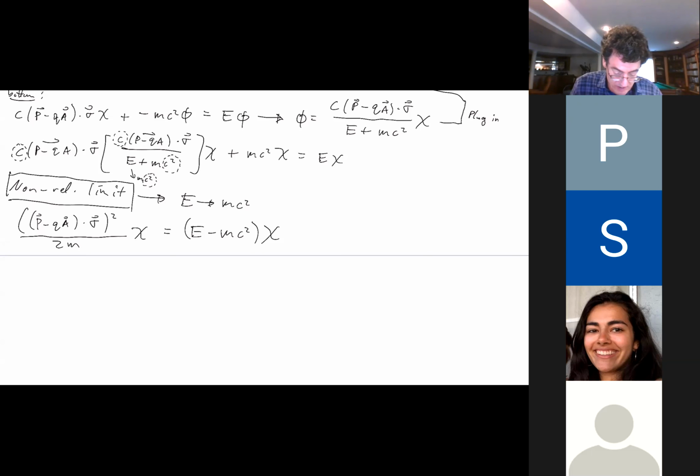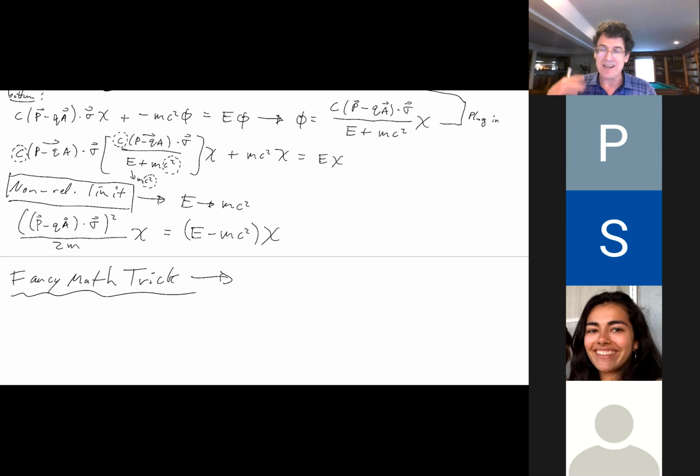And so now comes the fancy math trick. There's some tricky little math here that I'm not going to go through because it's just tedious, too much algebra. But this is the math trick.